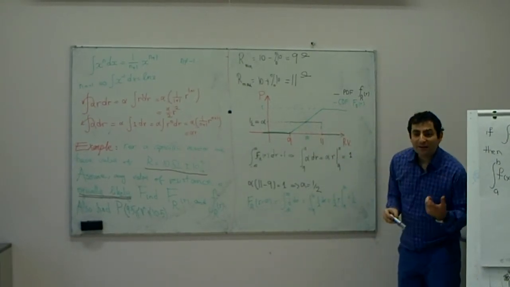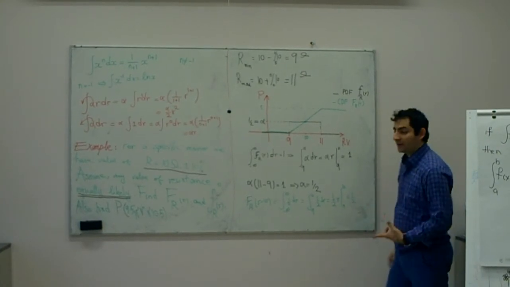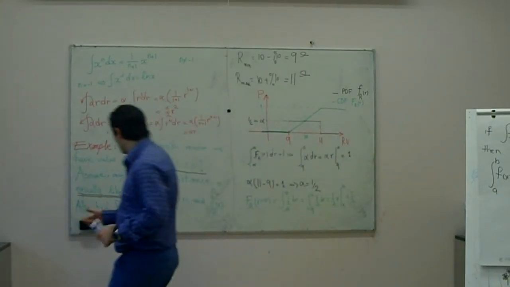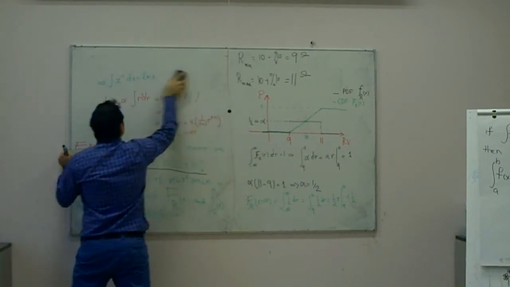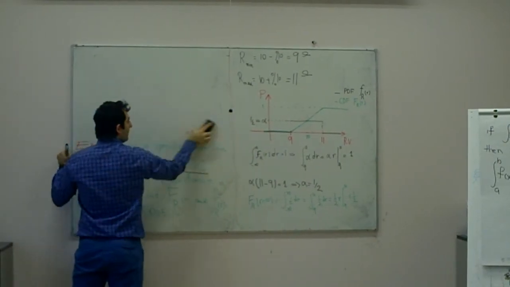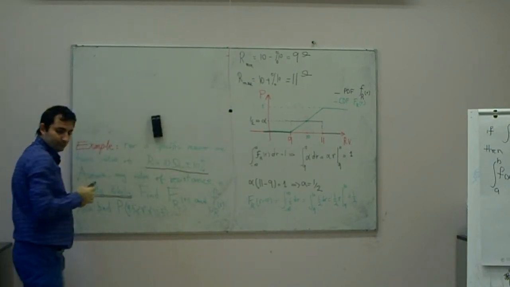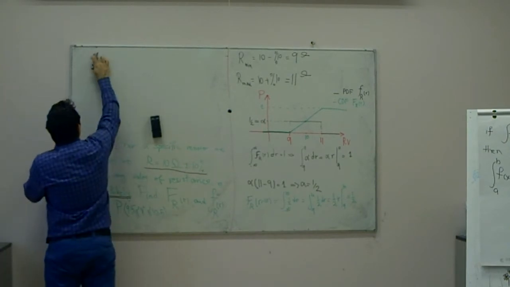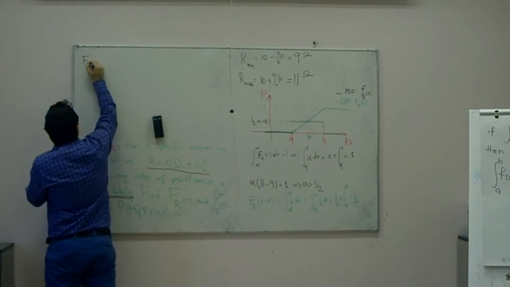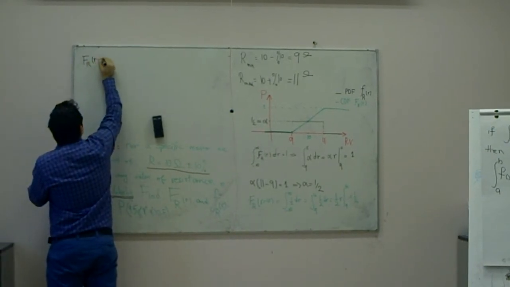If you calculate a few points, you see that it's a linear function. But calculating a few points is not enough. We have to calculate for all values. So what we do is this. F r of r is equal to x.